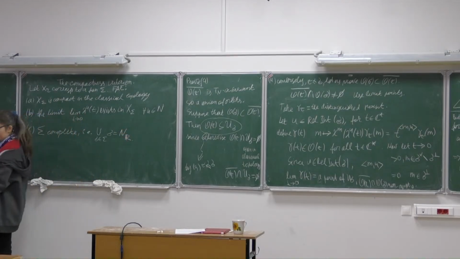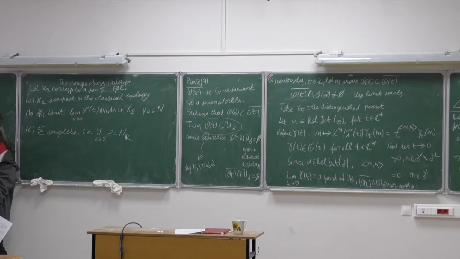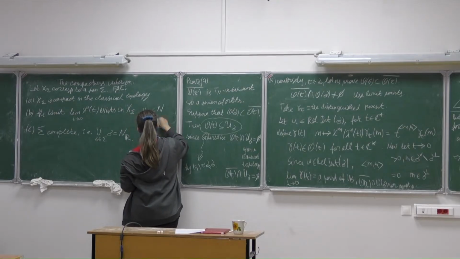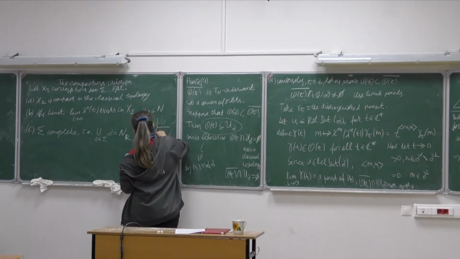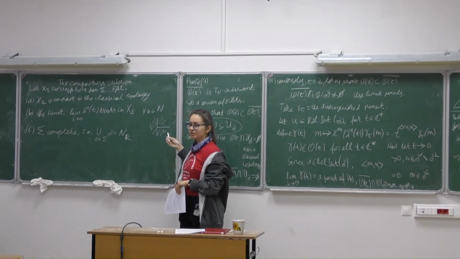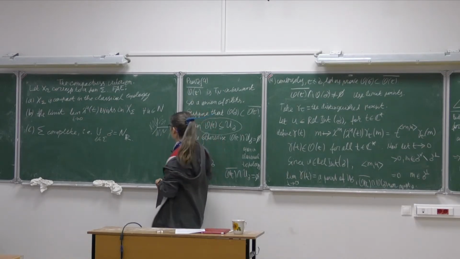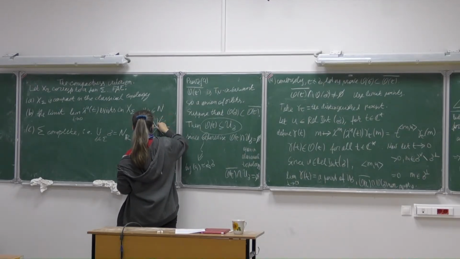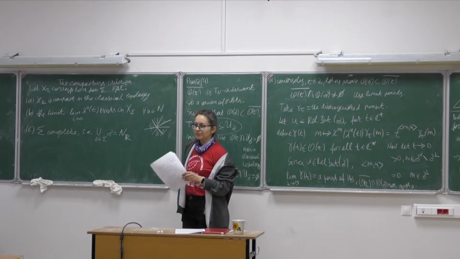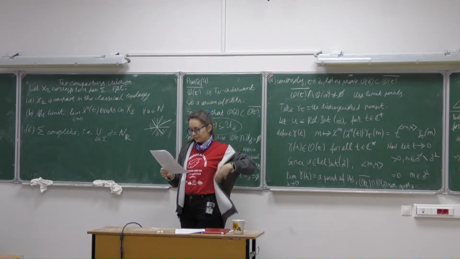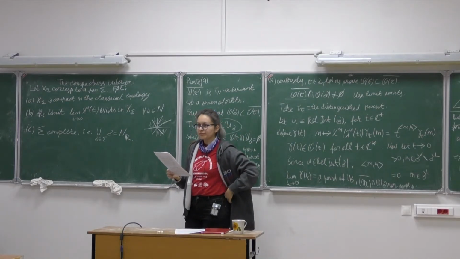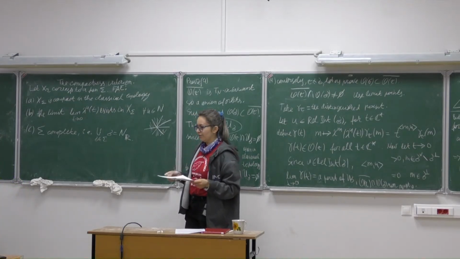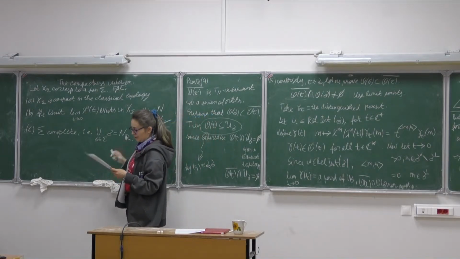I think I can give an example of what is a complete fan. A complete fan, for example, is this fan, which corresponds to P2. Or you can subdivide it in any way, and this will be a complete fan. Okay. We formulate three conditions for the toric variety to be compact.